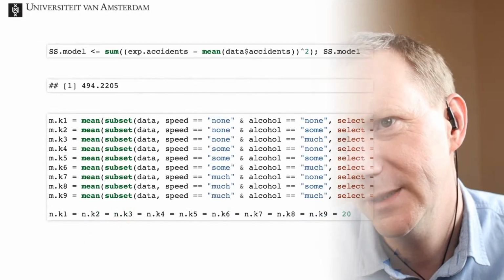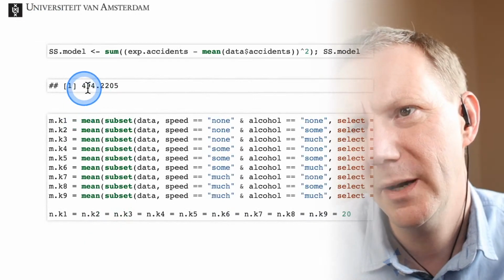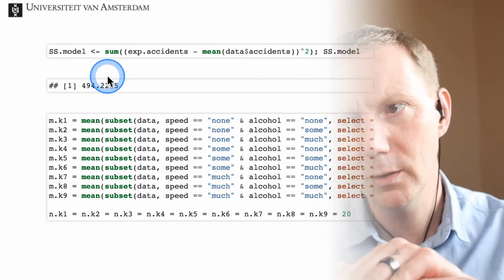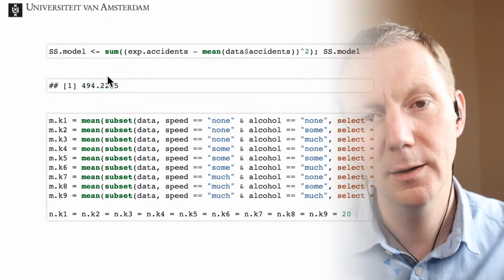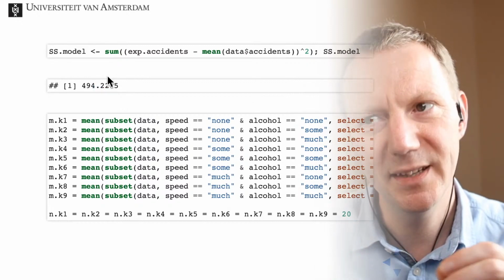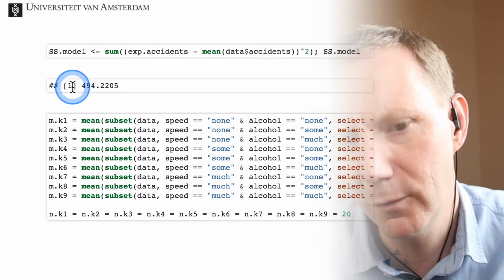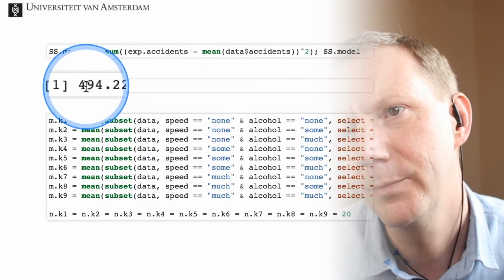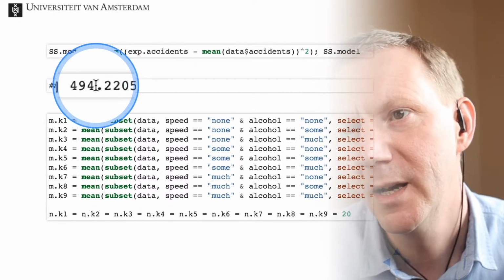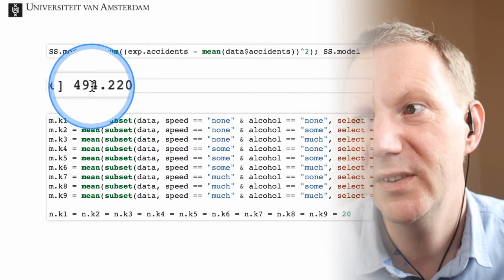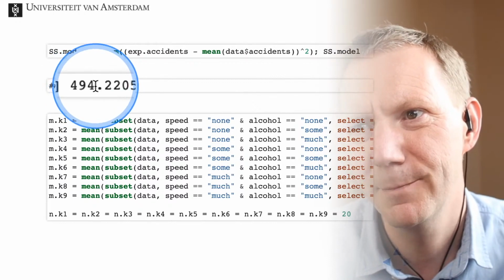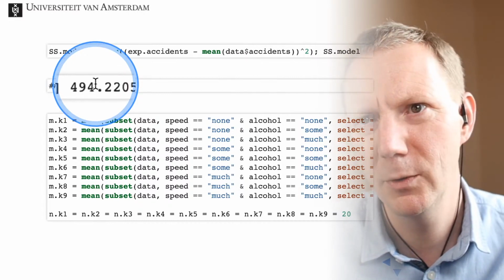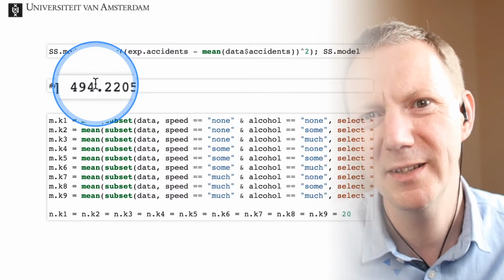Oh, here it is. We saw that the total amount of variance that there is to explain, so the distances between the total average for the number of accidents and each and every score, was 494, almost close to 500. So if only 1.9 parts of these are attributed to the interaction, well, that's not much, right?